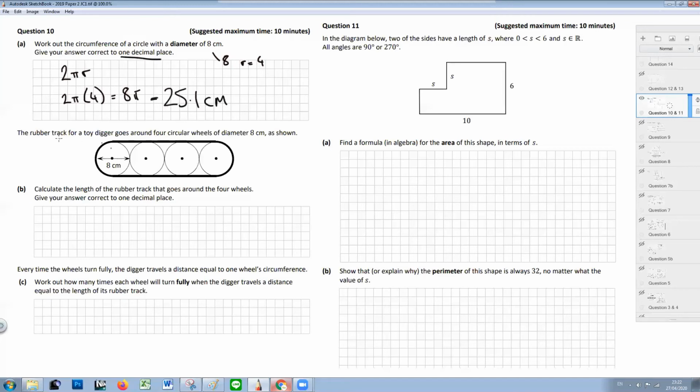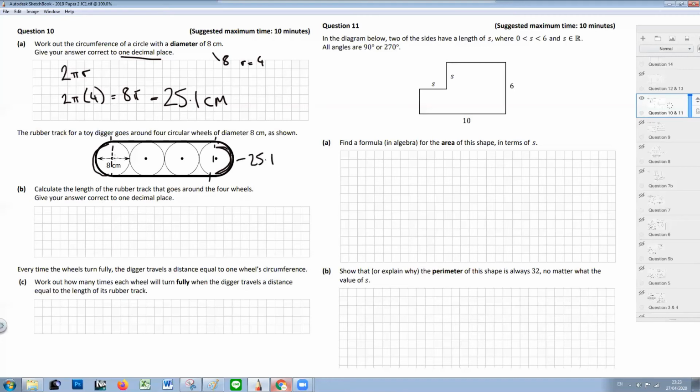The rubber track for a toy digger goes around 4 circular wheels of 8 centimeters, as shown. Calculate the length of the rubber track that goes around the 4 wheels. Give your answer correct to 1 decimal place. Now, we've already found what this length and this length were equal to. So they were equal to 25.1.